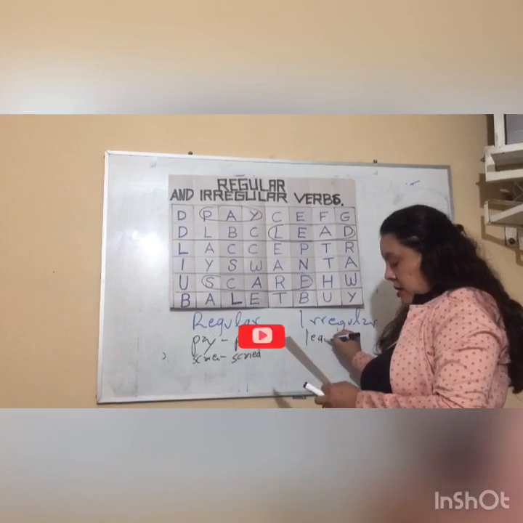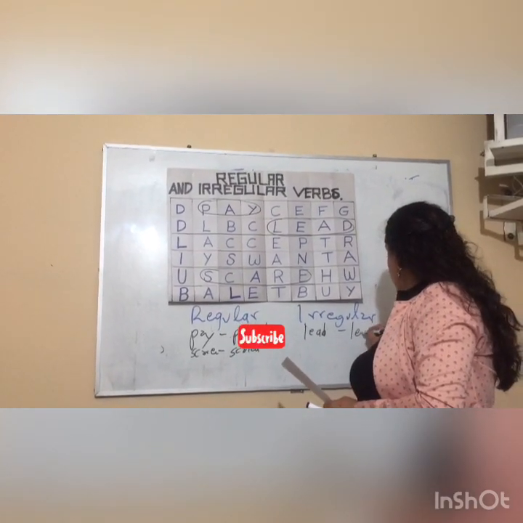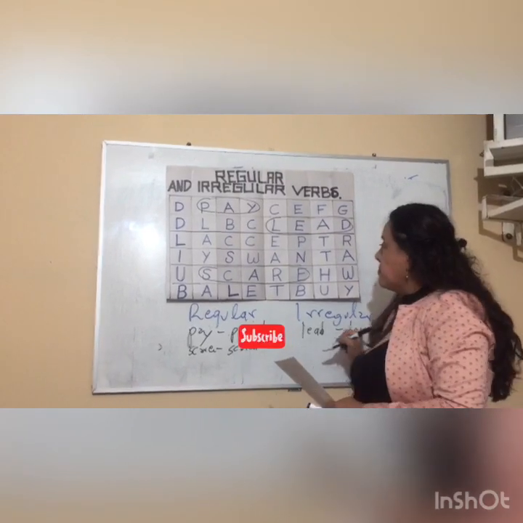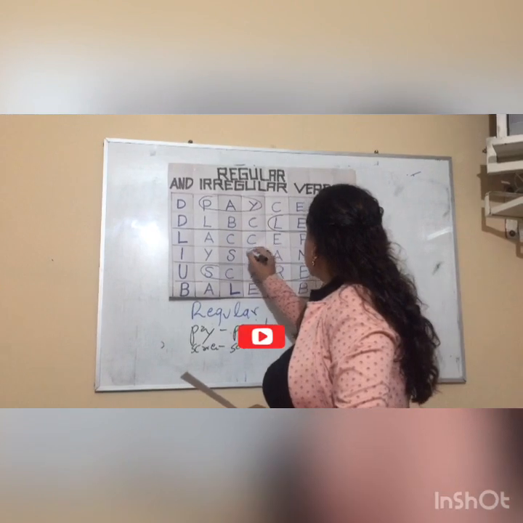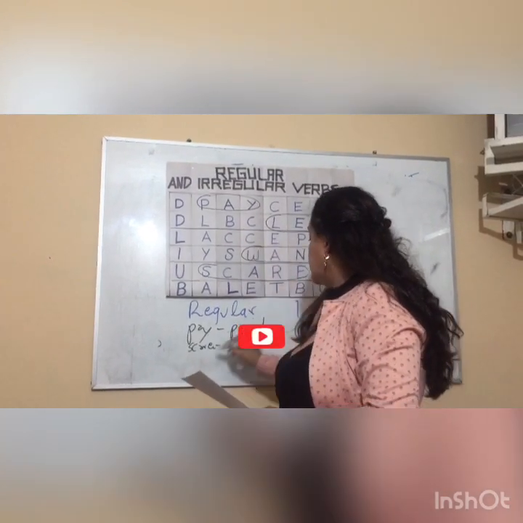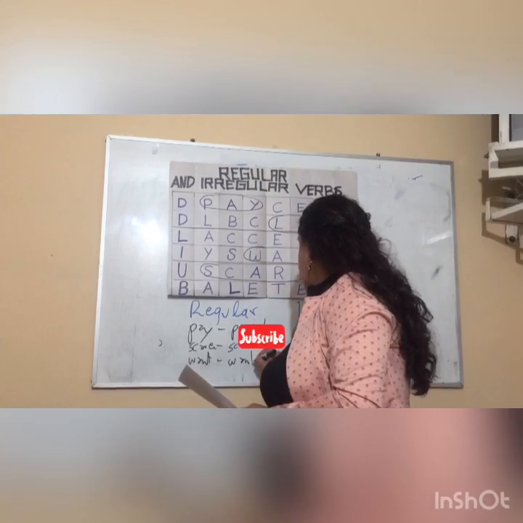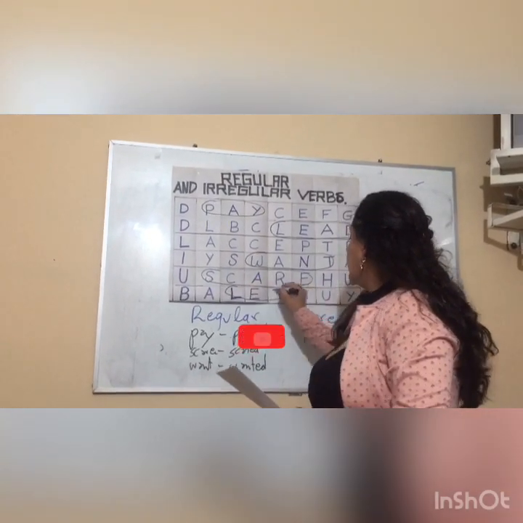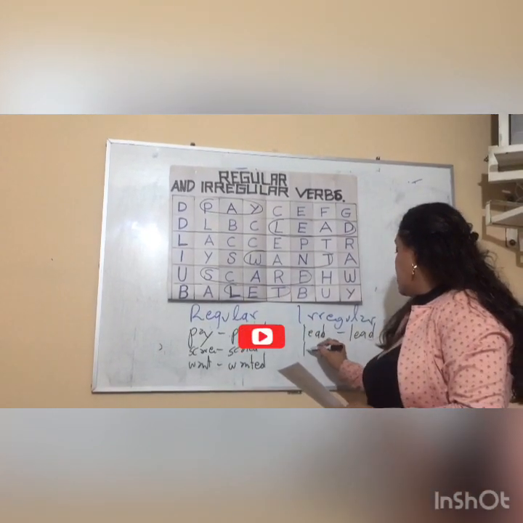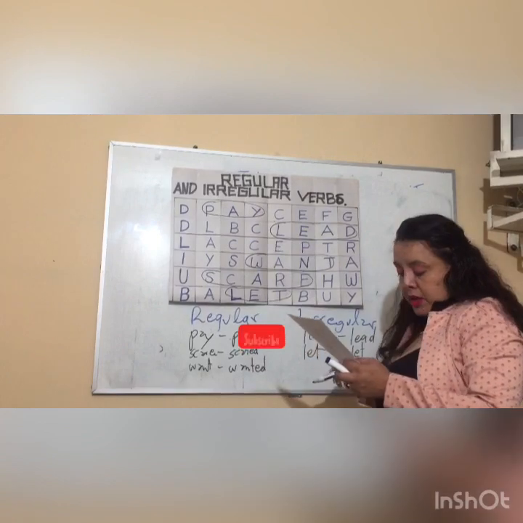The past is the same. Another verb that we can find is want. The past is wanted. Another verb we can find is let, which is irregular, and the past is the same.